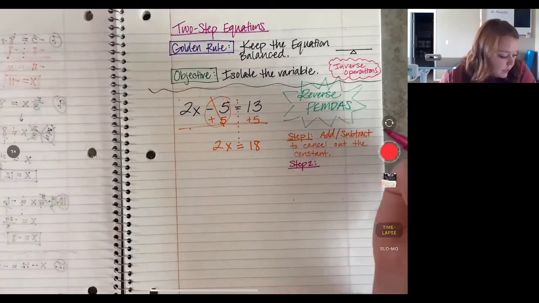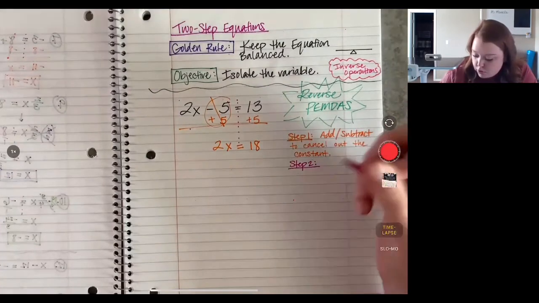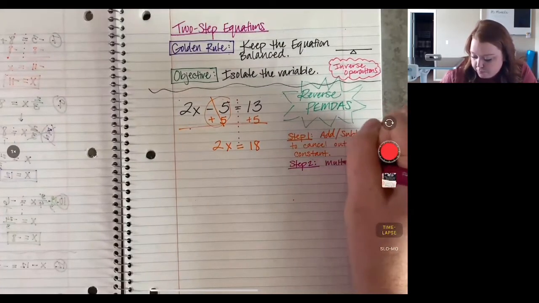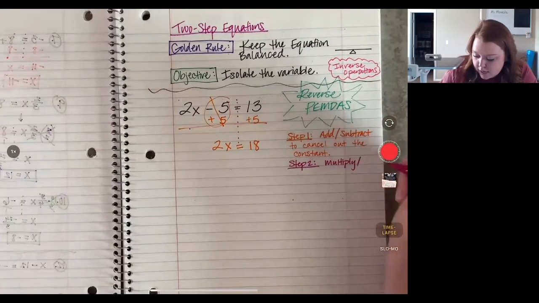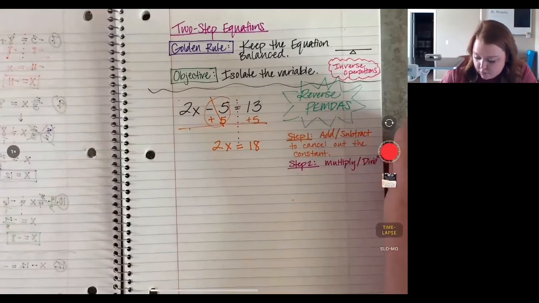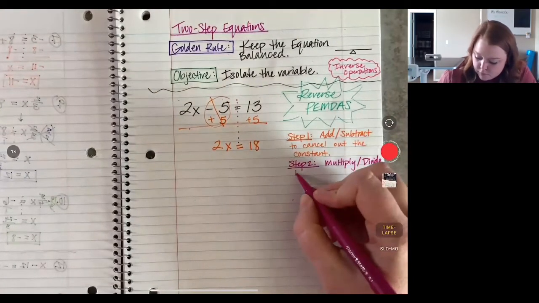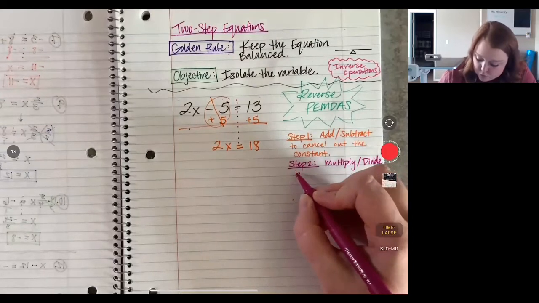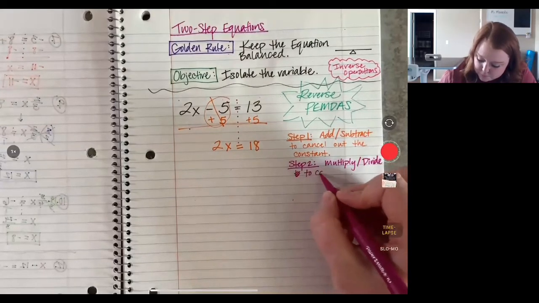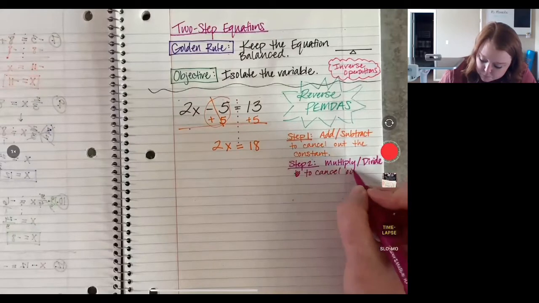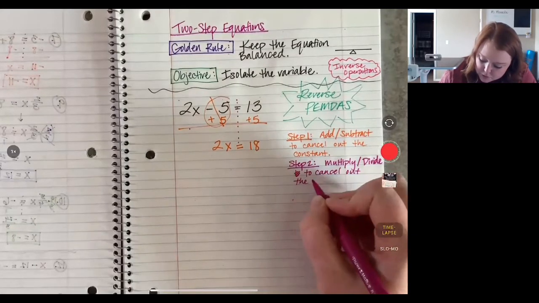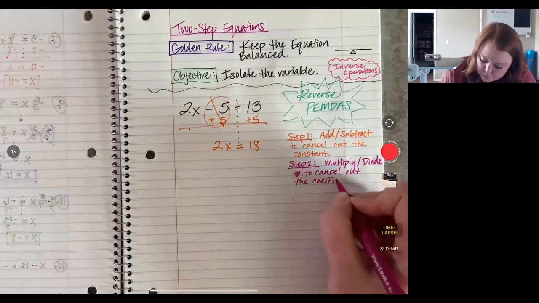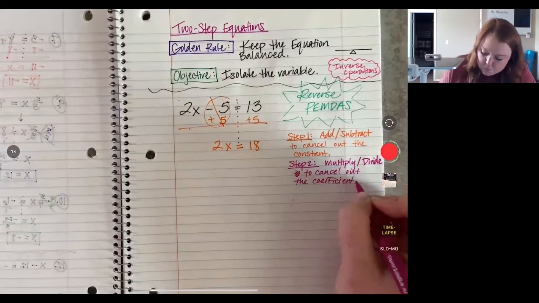Okay, we can still kind of think of it as a coefficient though. So we're going to say multiply slash divide to cancel out the coefficient.